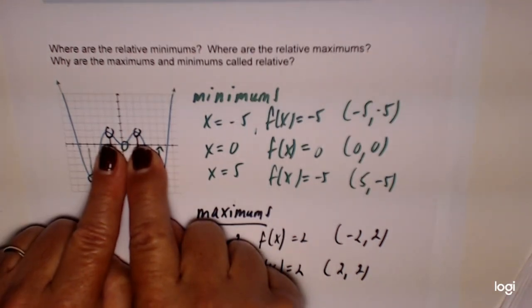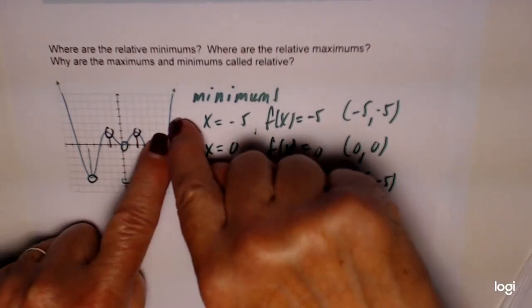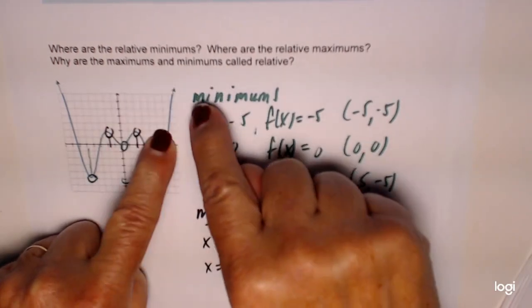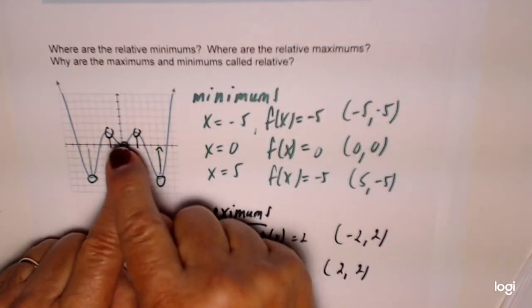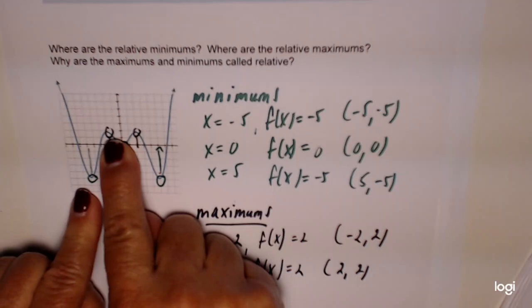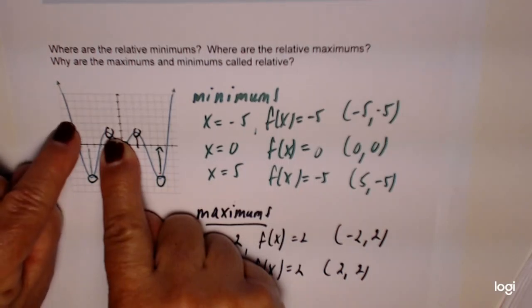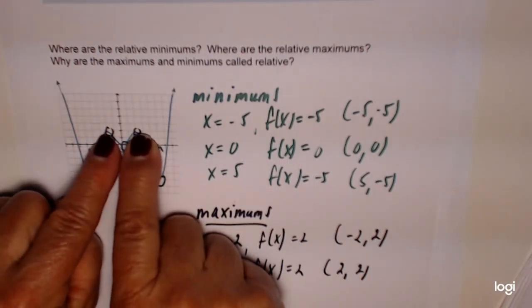However, they wouldn't be absolute maximums because we can see all these points here are larger than this and this, and the graph keeps getting bigger. To the left here our y values continue to get larger and larger. So all these values here are bigger than these.